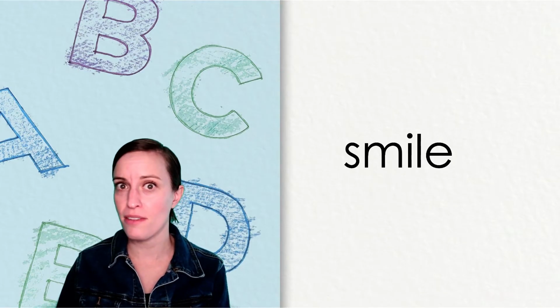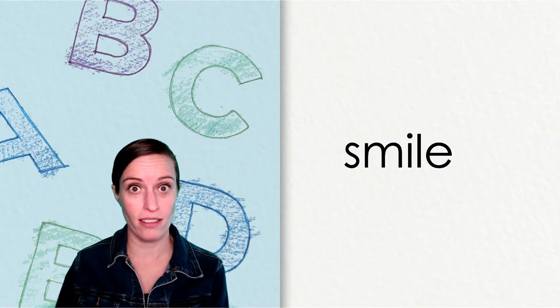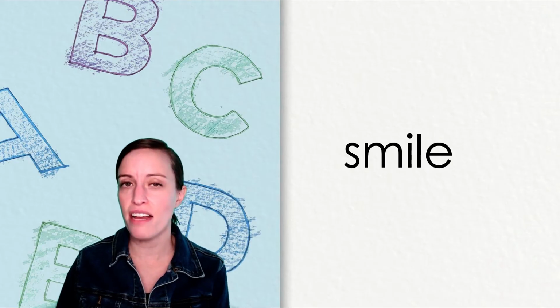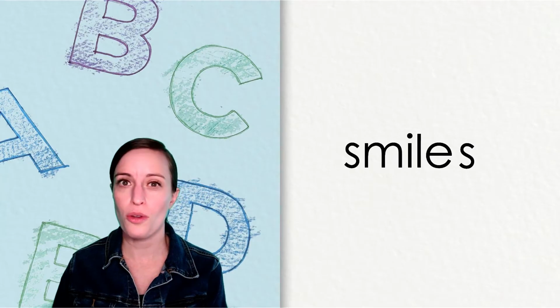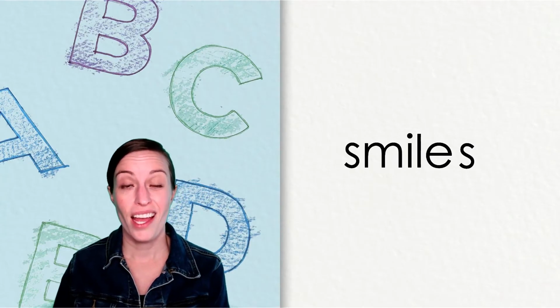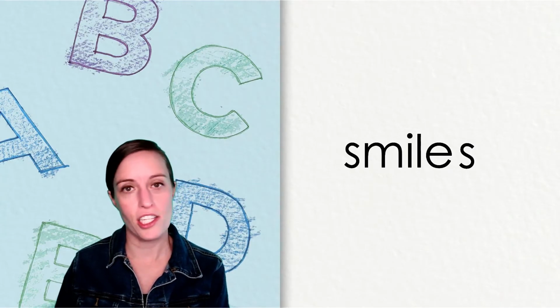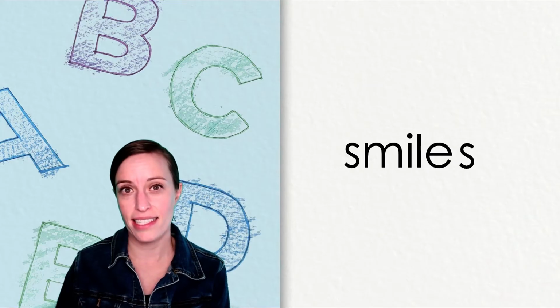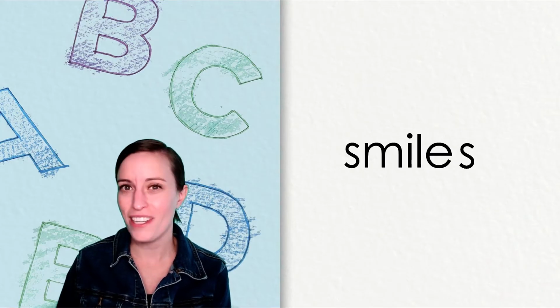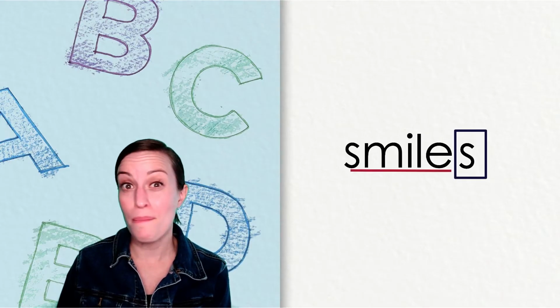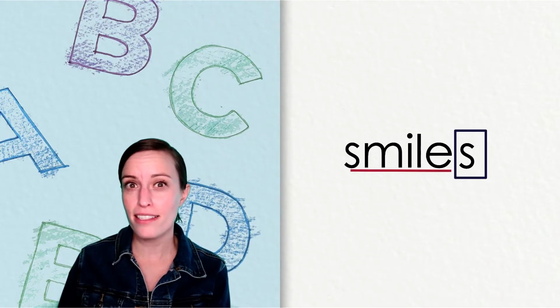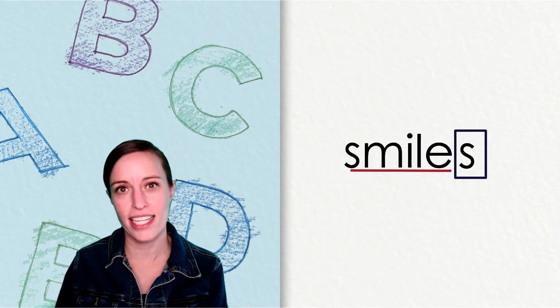Now, if I want to have more than one smile, I need to add a suffix S. That changes the word smile to smiles. The base word did not change when I added the suffix S. Now the word says smiles. It helps to put a box around that suffix so that we can keep an eye on it.